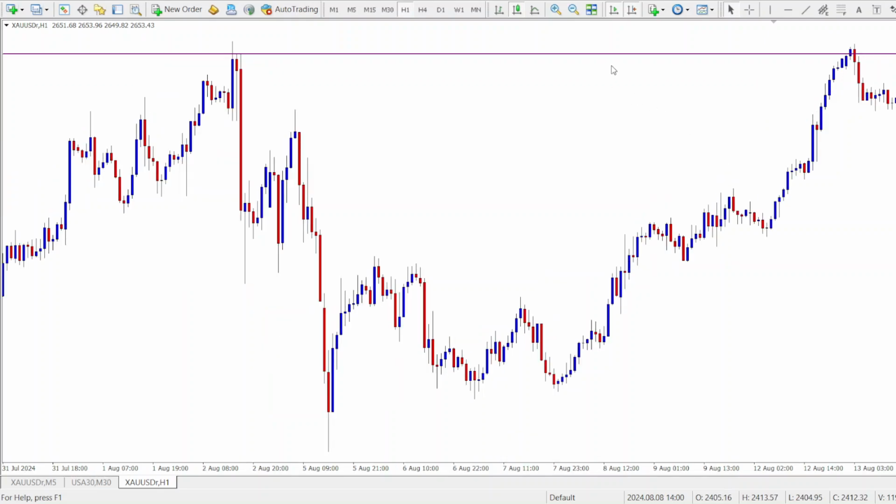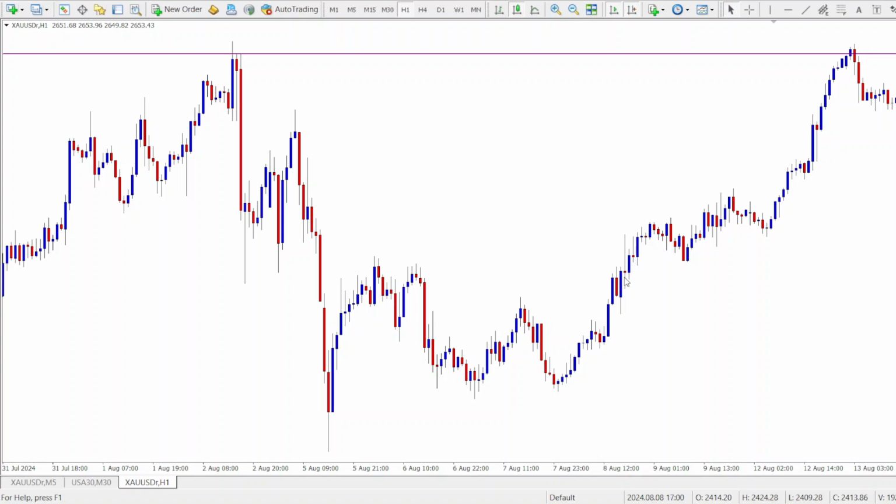Now, one thing for you to note is that it is always good to get additional confirmation. For example, after a bullish engulfing pattern forms, you can also decide to wait for other confirmation candles. For example, you might want to see another bullish candle form before you enter the buy trade. So had we waited for another confirmation from a candle, we would have perhaps entered the buy trade here after this other bullish candle formed, right?